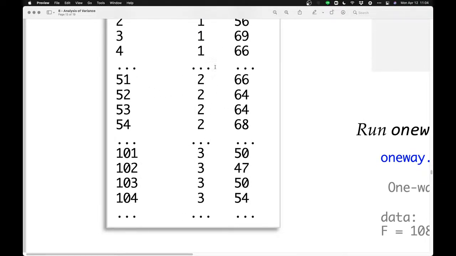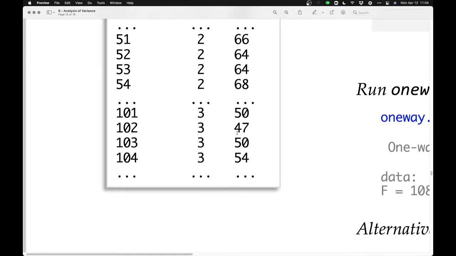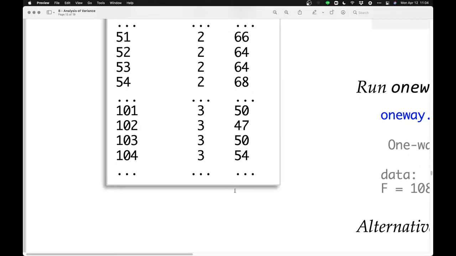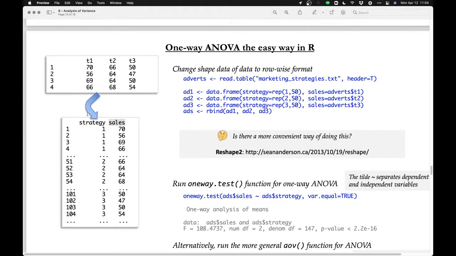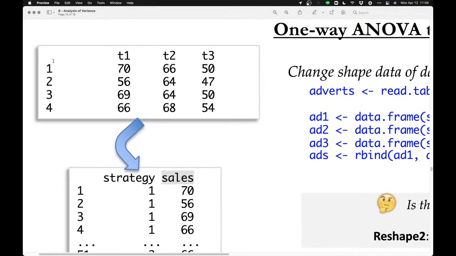The next 50 rows will be the treatment value 2 with the sales for that second treatment, and so on for the third treatment as well. All right. So unfortunately, we cannot simply plug this data into your R function. It has to be reshaped. The shape of this data has to be changed.